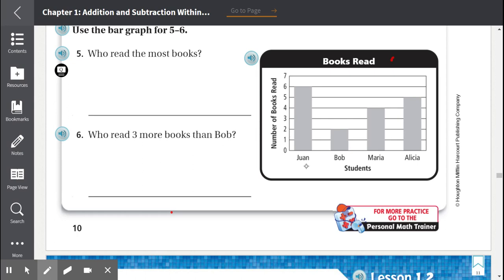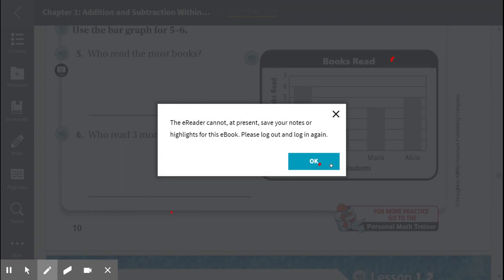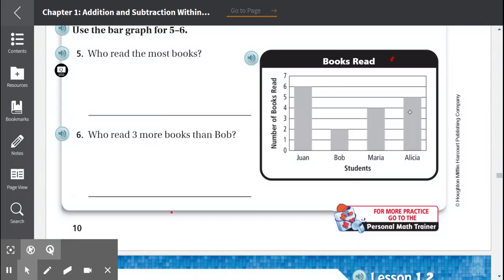So we had Juan read 6 books, Bob read 2 books, Maria read 4 books, Alicia read 5 books. Okay, so we're going to write 6 for Juan, 2 for Bob, 4 for Maria, 5 for Alicia.